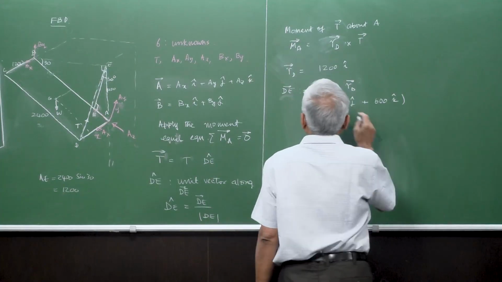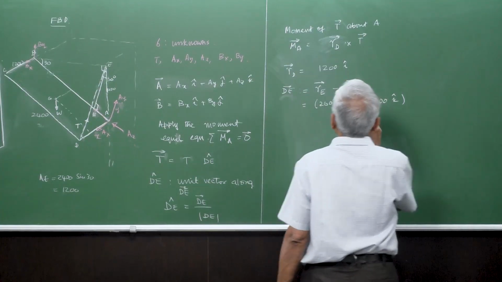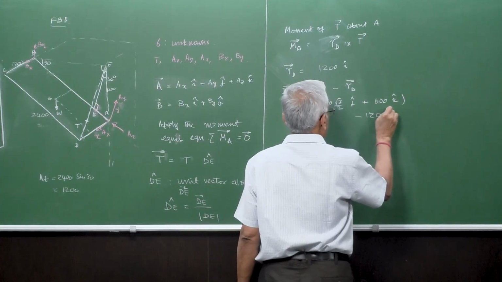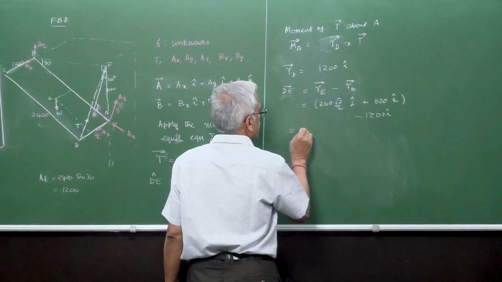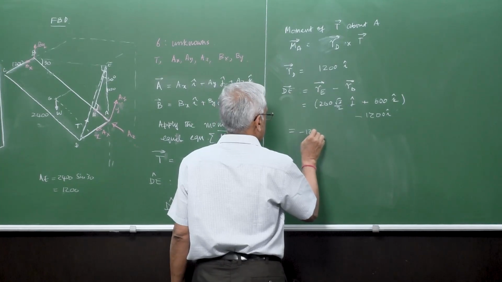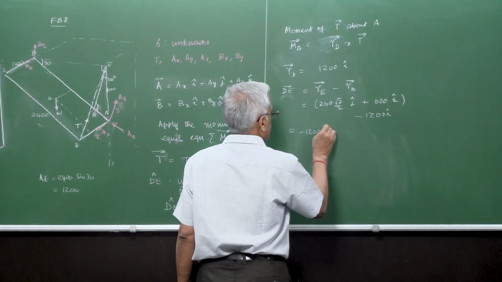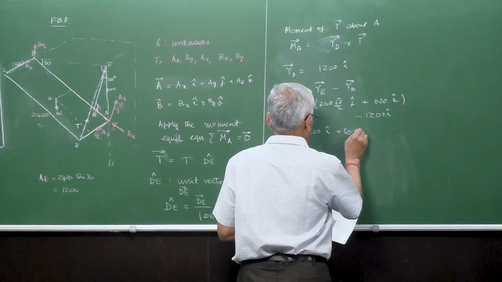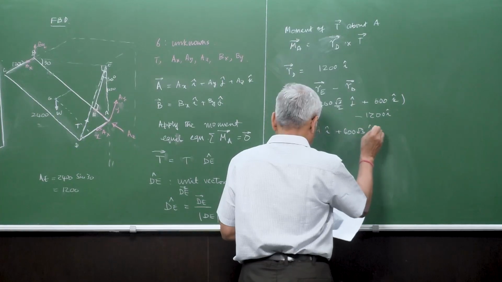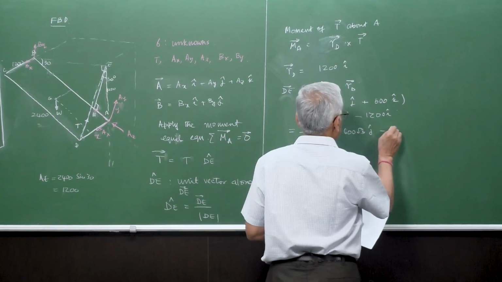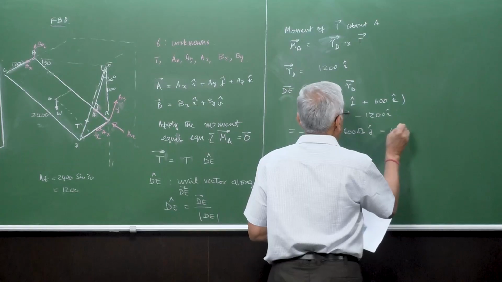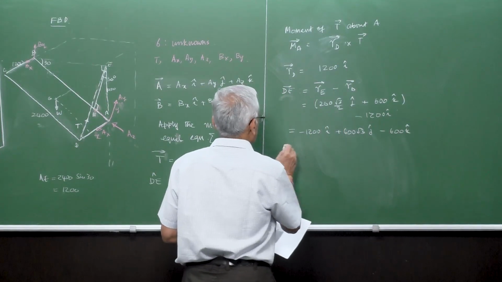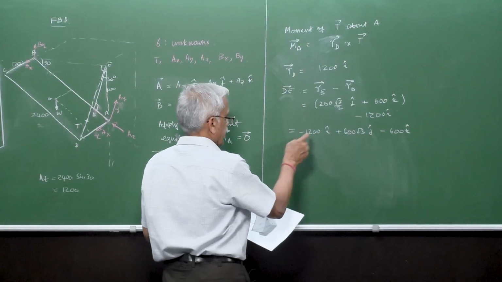Here RD is minus, so DE is minus 1200 i plus 600 root 3 j plus 600 k. This is the magnitude.